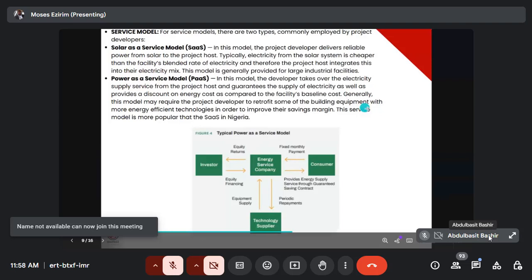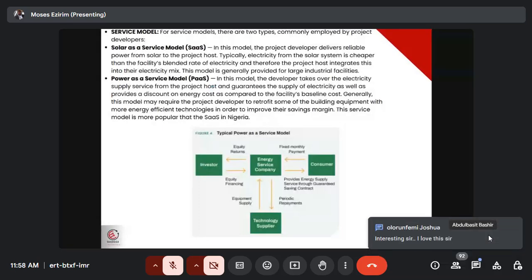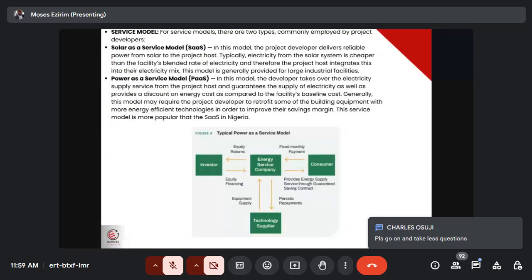Over the electricity supply from the project host. That is the project developer. I'm sure you know what project developer is now, and you know what project host is. From the project and guarantee supply of electricity, as well as provide a discount on energy costs as compared to the facility baseline cost.